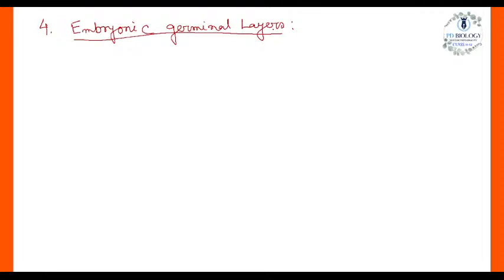On the basis of embryonic germinal layers, mainly we are dividing them into diploblastic and triploblastic. So diploblastic, the ecto and endo, and triploblastic, that is ecto, endo and meso.